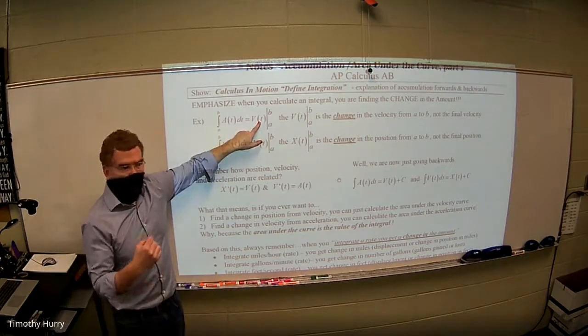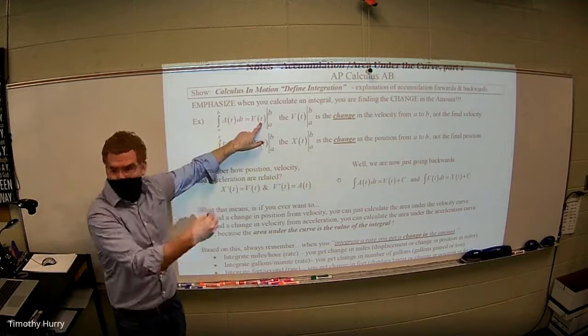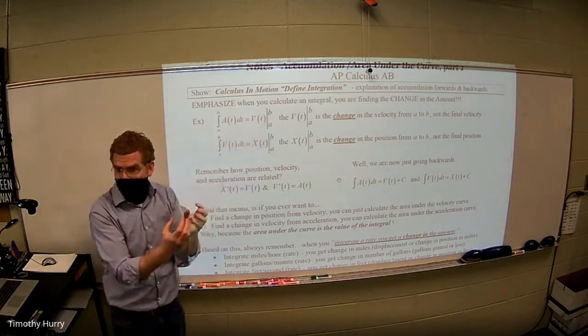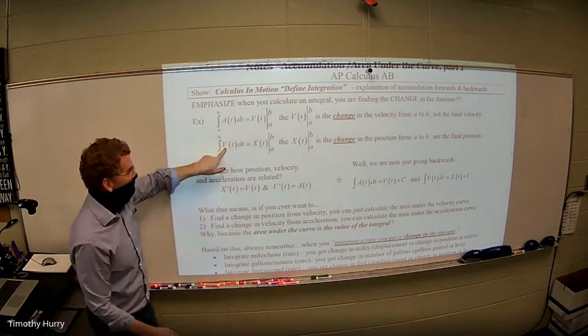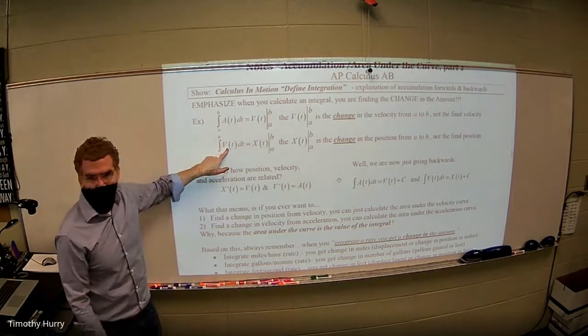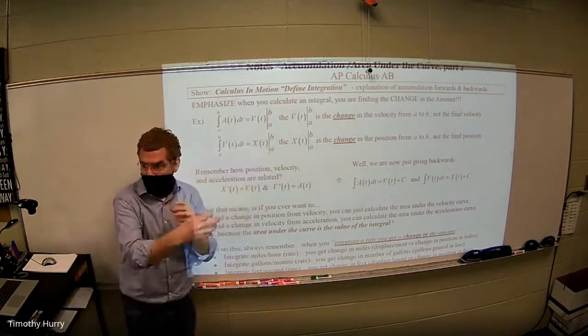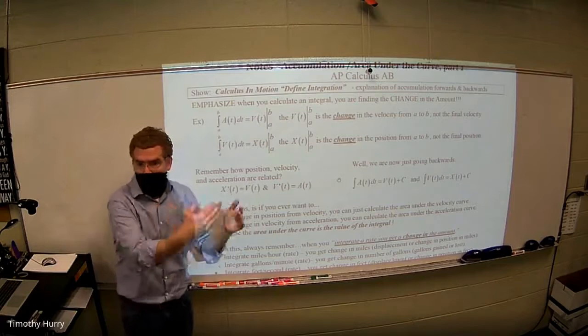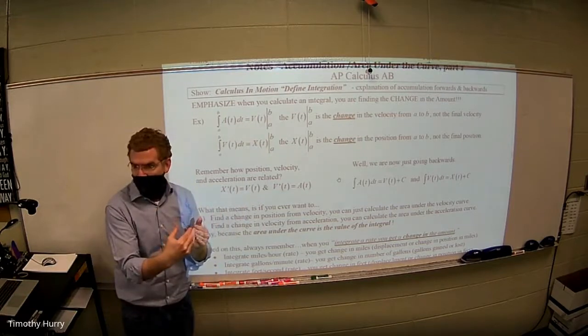A change in velocity. A change in the amount of velocity. If I integrate a velocity, I'm getting a change in the position, or the amount of change that occurred in my position. Are you seeing that?